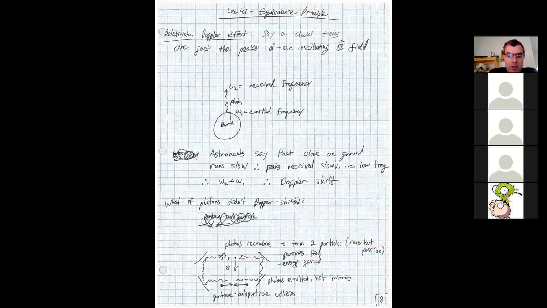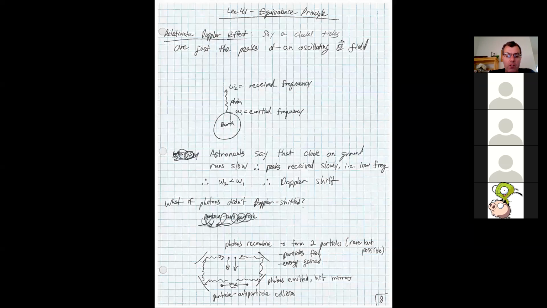The 2 photons recombine to form a particle and antiparticle. You may be thinking, can photons do that? Yes, it's a very, very rare process, but they can do that. So the photons recombine, they form 2 particles. The particles are up here. They're not down there, they're up here.